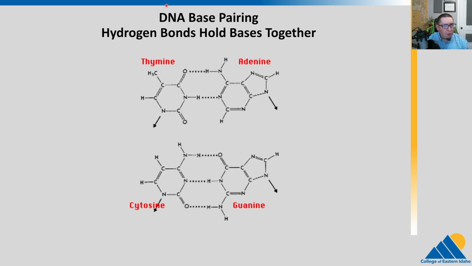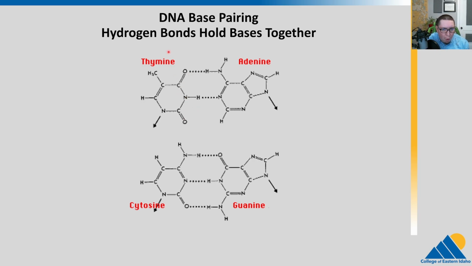So I said those hydrogen bonds were important. Hydrogen bonds hold the bases together. Now, hydrogen bonds are not super strong on their own. But when you get several million of them together in a giant strand of DNA, they're actually quite strong. They're not as strong as covalent bonds still, but they are pretty strong. This is important because it allows DNA to unzip.